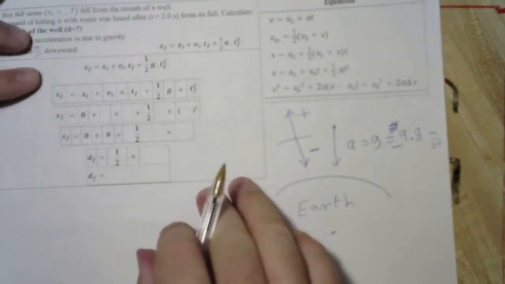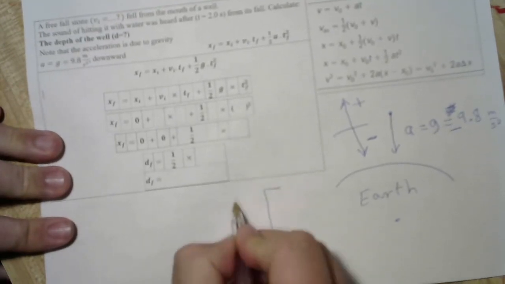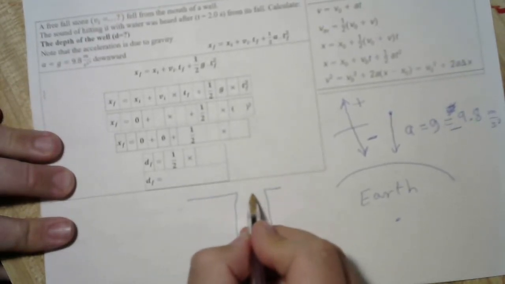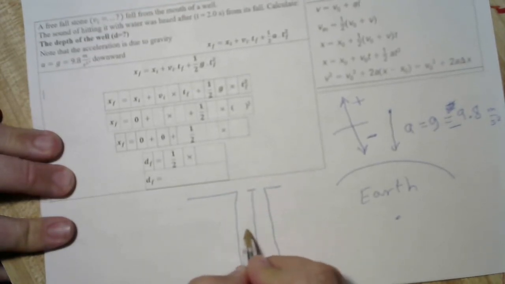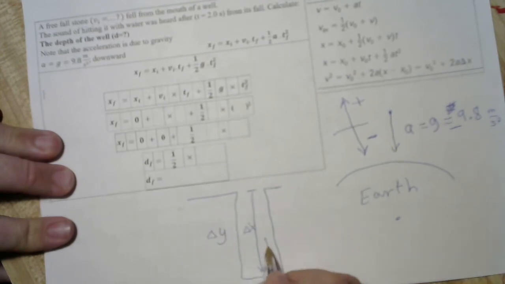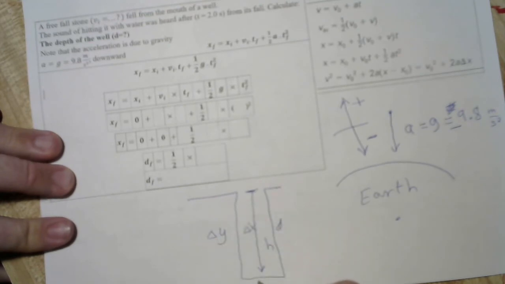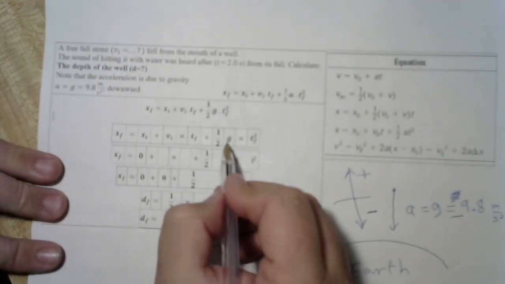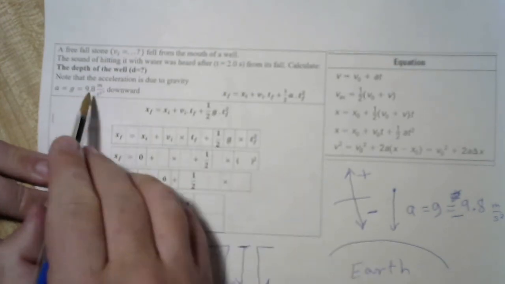This is simple. For this example, I need to find the depth of the well. So the depth will be downward. It is delta x or delta y or h or d, but it will be downward. In this case it will be a negative value, and I need to use g, the acceleration due to gravity, and put it 9.8.